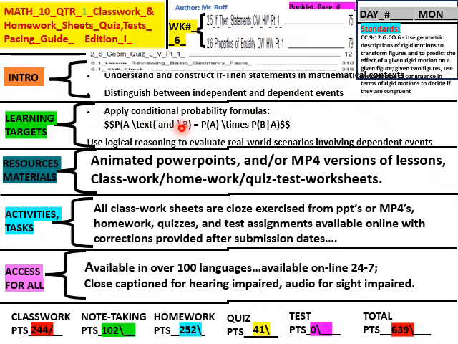Apply conditional probability formulas such as probability of A and B equals probability of A times probability of B given A. So that's our probability formulas that we will do in week 6. Use logical reasoning to evaluate real-world scenarios involving dependent events.